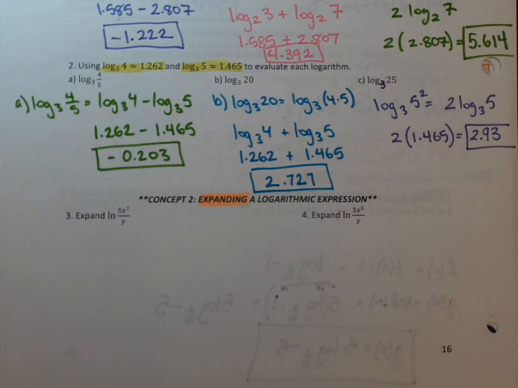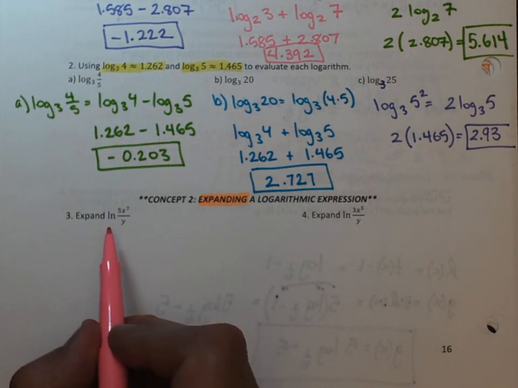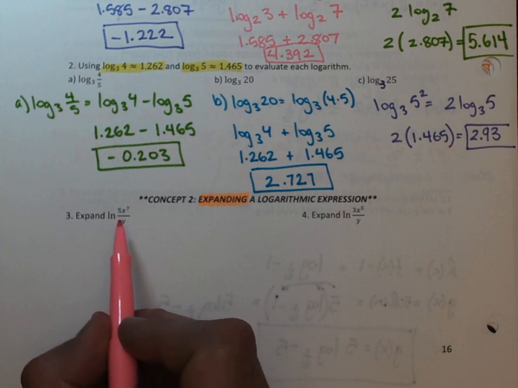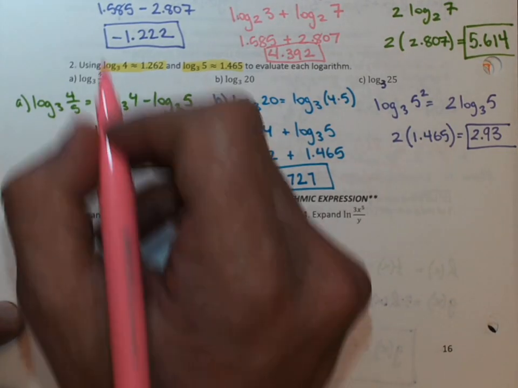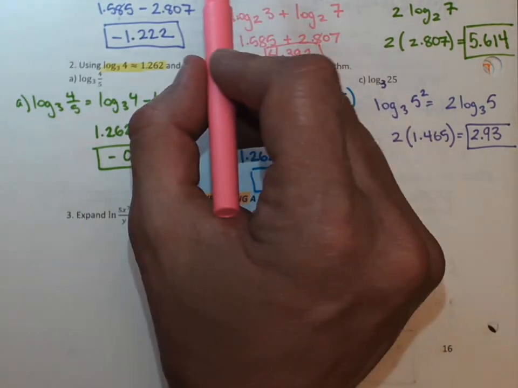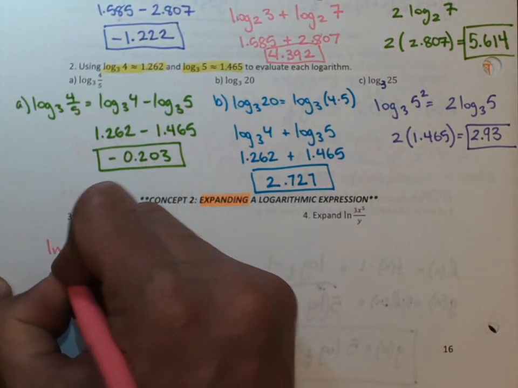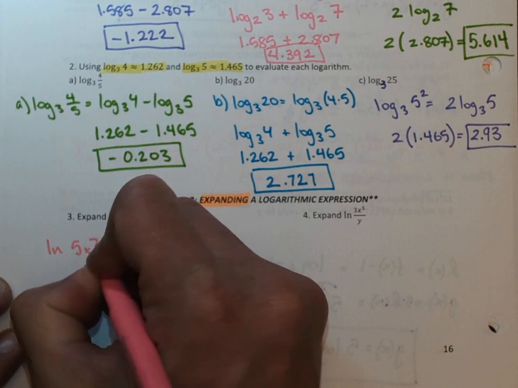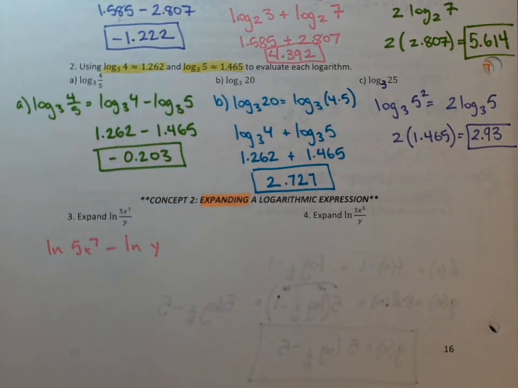Alright, so here we go. I'm going to expand the natural log of 5x to the 7th power over y. Because it's division, I can use the quotient property. So it's the natural log of 5x to the 7th power minus the natural log of y.